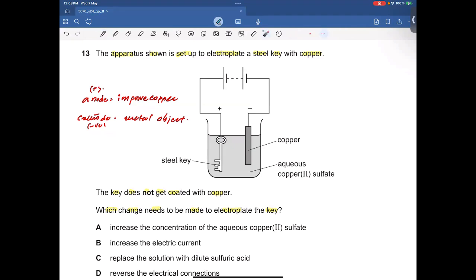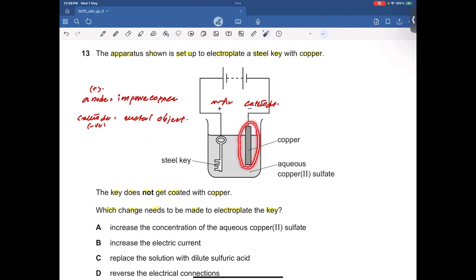So this is anode and this is cathode. So these terminals need to be reversed. It should be negative, it should be positive, so that ये इस क्राइटेरिया को फॉलो करे. देखो मैं क्या कह रहा हूं, मैं ये कह रहा हूं कि ये आपका impure electrode है.